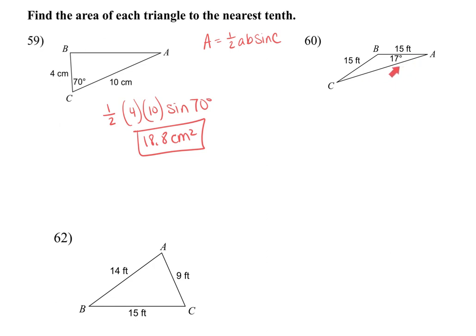So you really need side B here, or you need angle B. And so I can solve for angle B by using law of sines. I can say sine of A over 15 equals sine of C over 15. These happen to be an isosceles triangle, so you can use law of sines here.